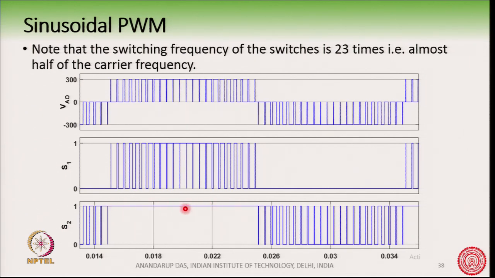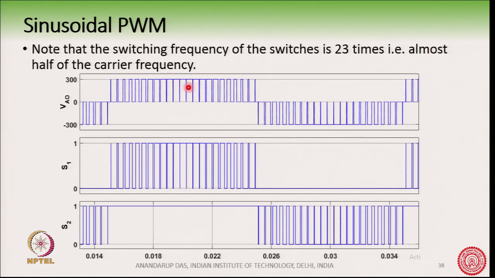And then it is doing a lot of switching in this portion. Now, why should S2 be on here? S2 should be on because we are trying to produce the plus level here.